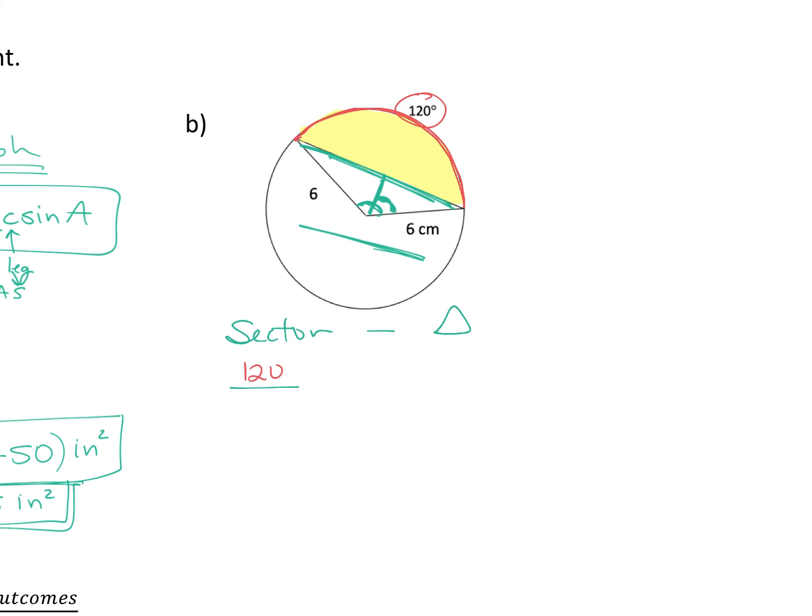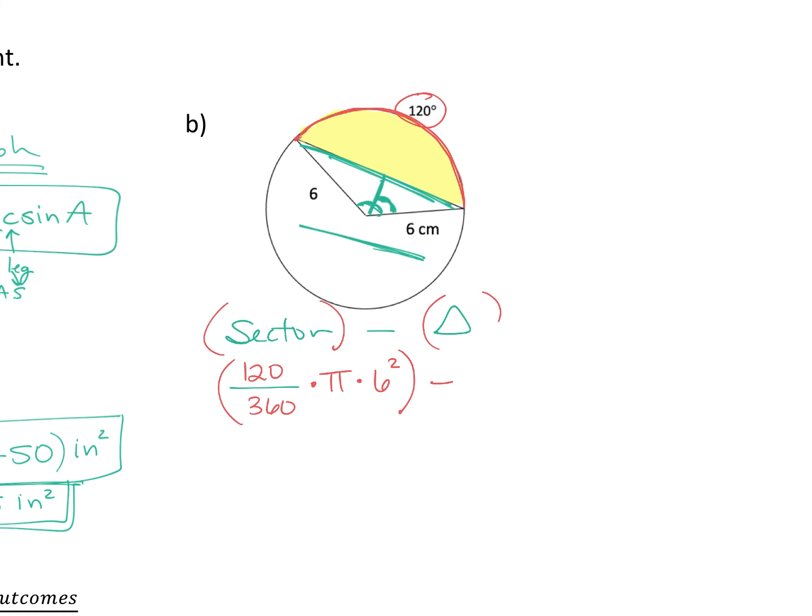So it's 120 over 360 times pi times what? The radius squared, okay? So we're just plugging it into that sector formula. This is that, okay? That's the area of the sector. I'm not even going to simplify that yet. I'm just going to leave it right like that for now.